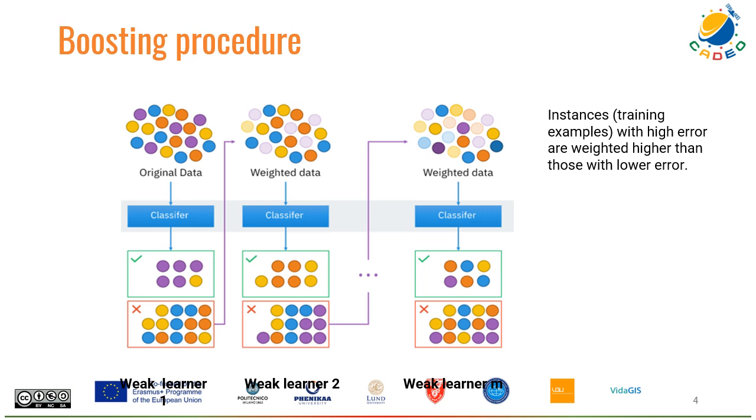After training, the errors are evaluated and the misclassified instances are identified. Then, those instances that are misclassified by the first weak learner are assigned higher weights to prioritize them in subsequent iterations. Instances that are correctly classified are assigned lower weights or may even be downsampled.